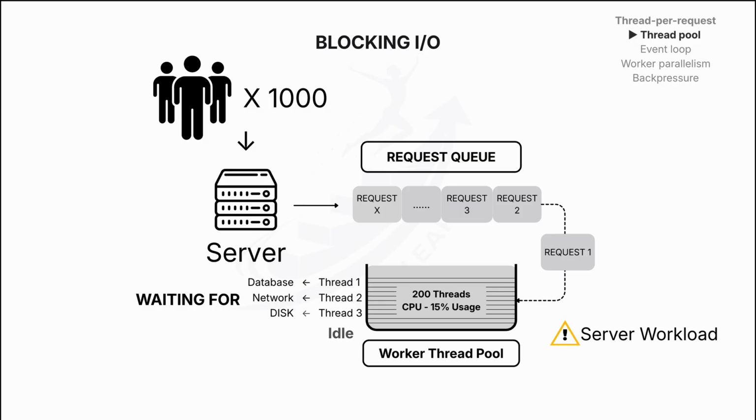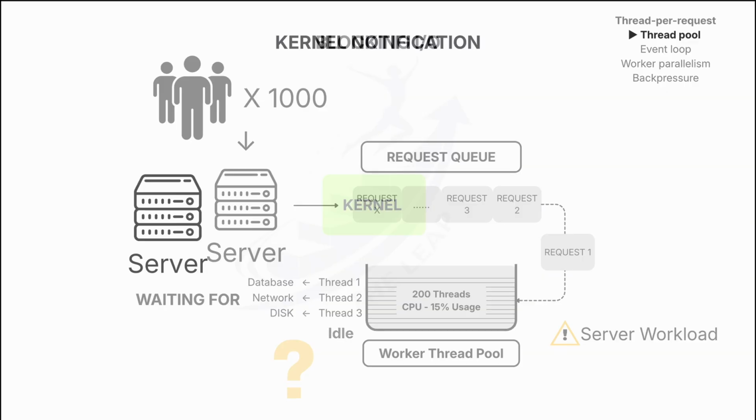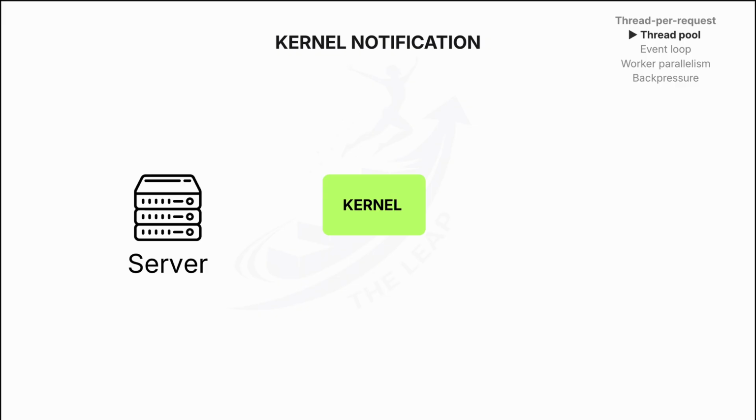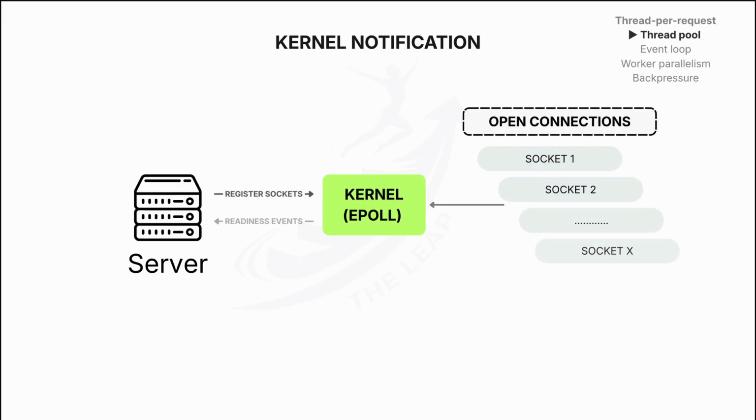At this point, engineers started asking deeper questions. If most of our threads exist only to wait, why are we even creating them in the first place? The answer came from the operating system. Instead of repeatedly asking whether the socket is ready to read or write, the operating system can notify the server when something actually becomes ready.